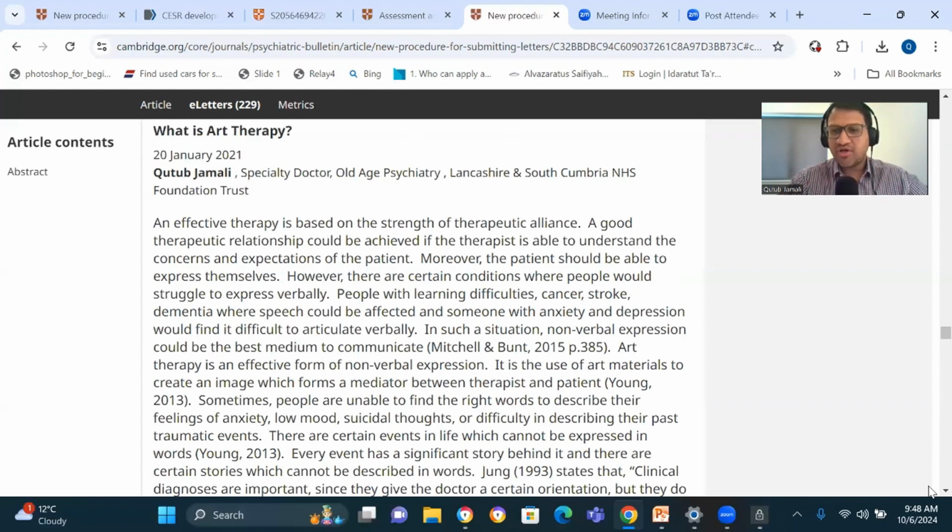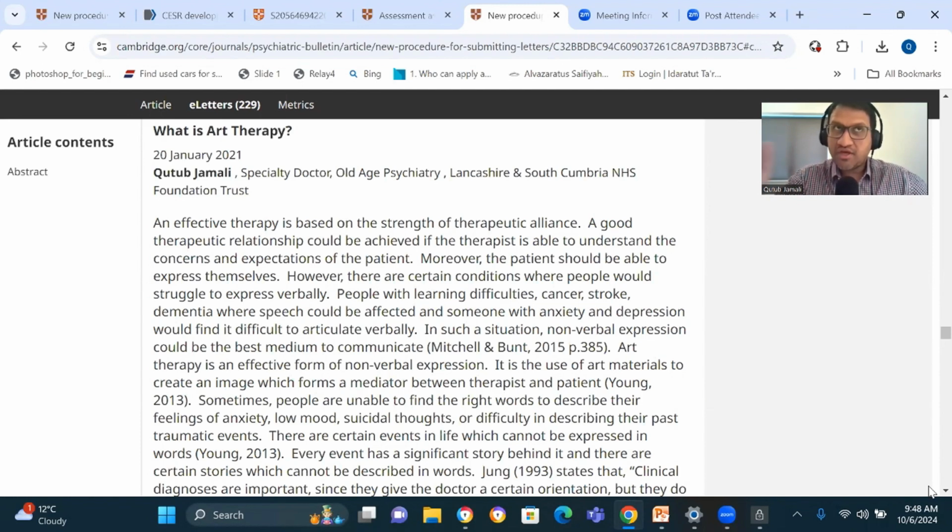And this was about what is art therapy. We all, in our medical careers, develop skills. We continue developing skills. When I was working in neuropsychiatry, I used to see many patients who were struggling to communicate because of whatever neurological problems, and I was always looking to find ways where I could communicate with them.